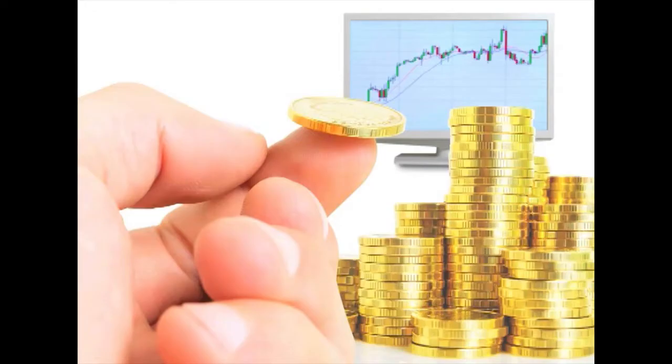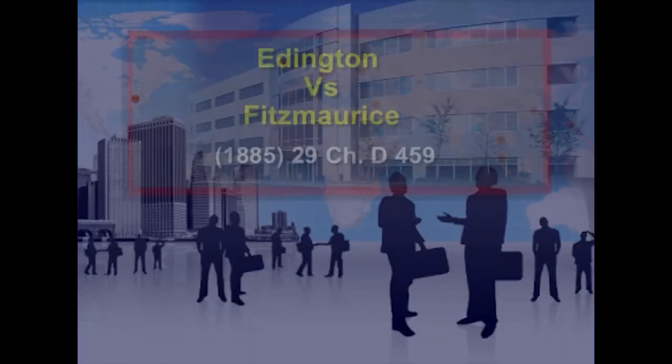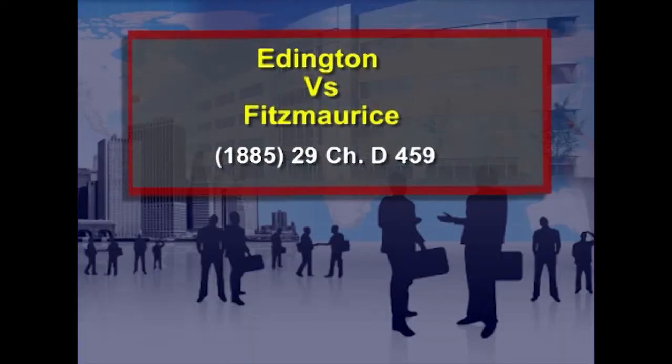The false statement must relate to some existing facts which are material to the contract of purchasing shares. The purpose for which the money is going to be used is an important fact. In Eddington v.